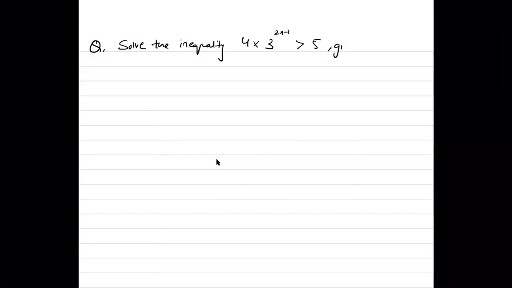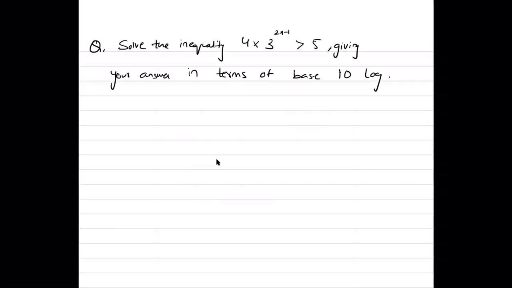You can give your answer in terms of base 10 log. So your final answer should be in terms of log to the base 10. You don't need to convert it into a decimal value. Okay.